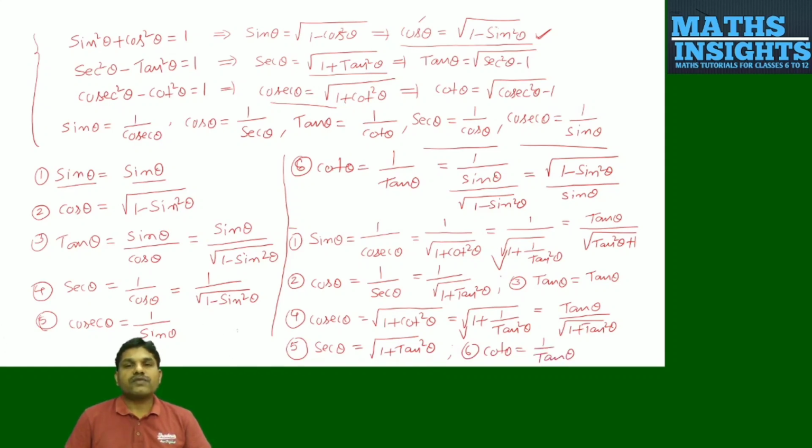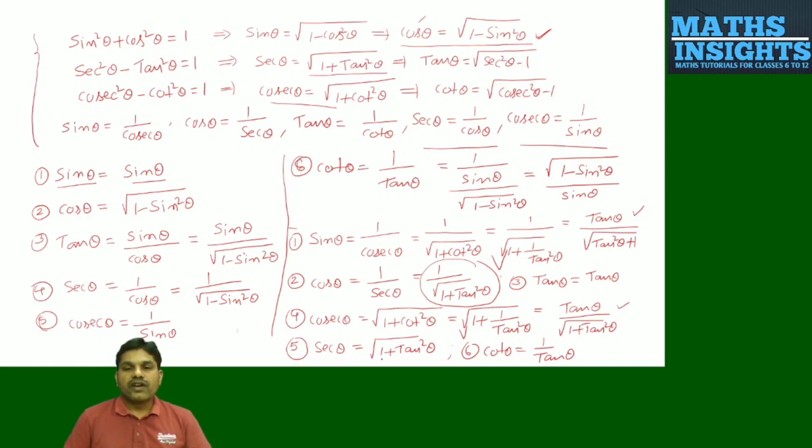So my dear students, if you observe all the trigonometric ratios, sin theta is converted into tan theta, and cos theta is converted into tan theta here, and tan theta is always written as tan theta. Cosecant theta is converted into tan theta.